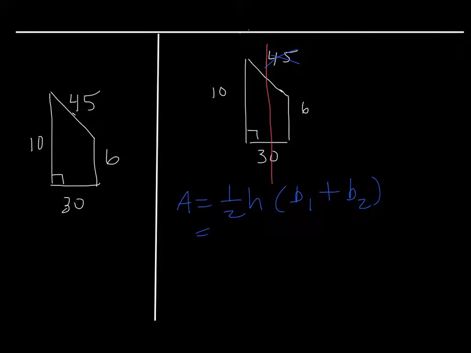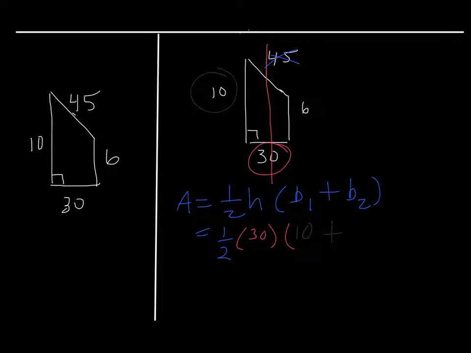I have 1/2 times, and my h in this case is right there, 30. Then my b1 is right here. It doesn't matter which one is b1 and b2, because they're getting added together.